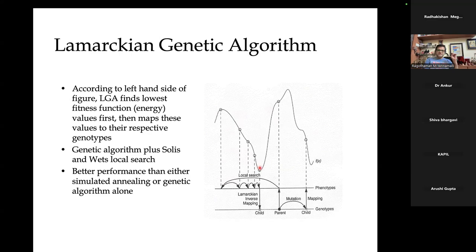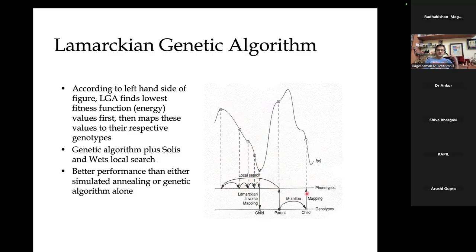This is a hill, this is a valley. You can keep jumping between different conformations, or you can actually go from one part of the valley to another part of the valley by doing a mutation in the conformation.